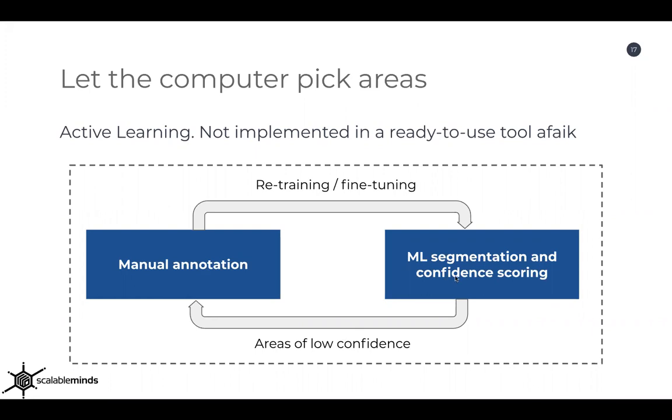So this is, again, a very iterative process. The cool thing about this compared to a tool like Elastic is that your data sets can be very big, because the machine is telling you where to add more training data, and you don't need to do that task as an annotator. But as far as I know, this approach is not yet implemented in any ready-to-use tool for large data sets or large 3D data sets.